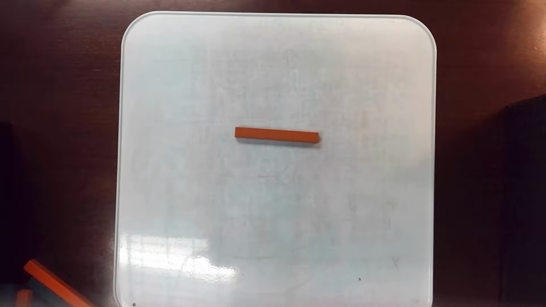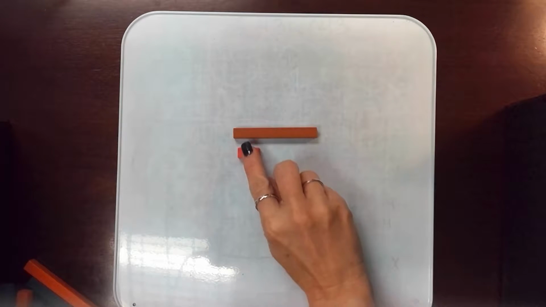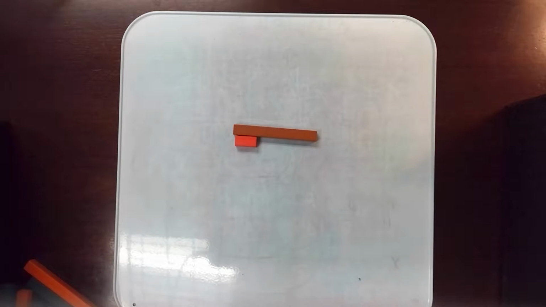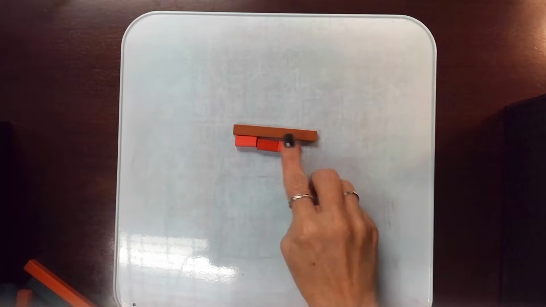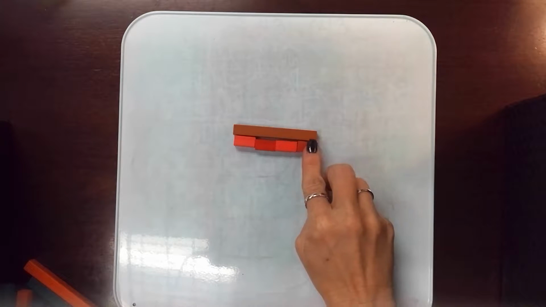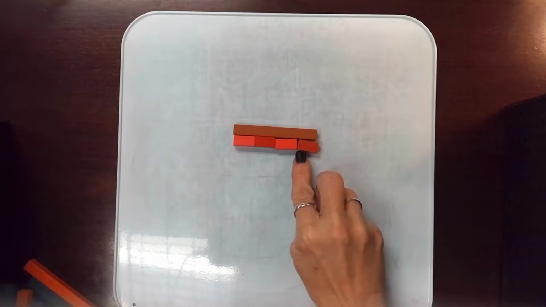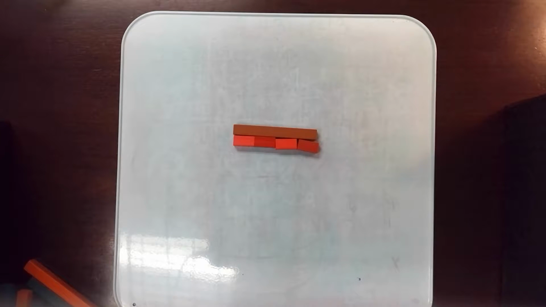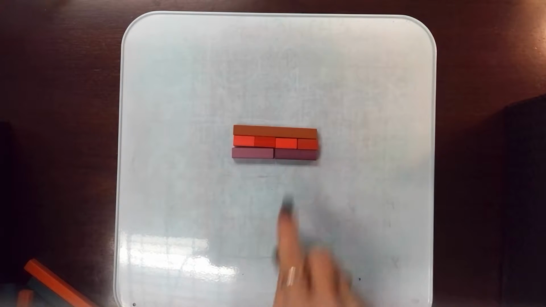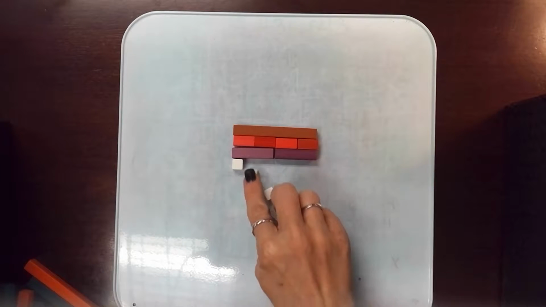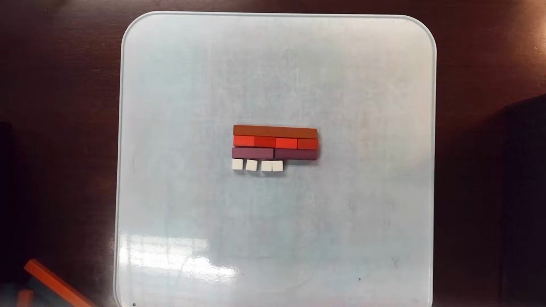So if I said, okay, boys and girls, I want you to find all of the colored rods that equal one brown rod, students can then manipulate and see that, okay, well, 4 reds equals 1 brown. Let's see. Ooh, 2 purples equal 1 brown. I think 4 whites will equal 1 brown.